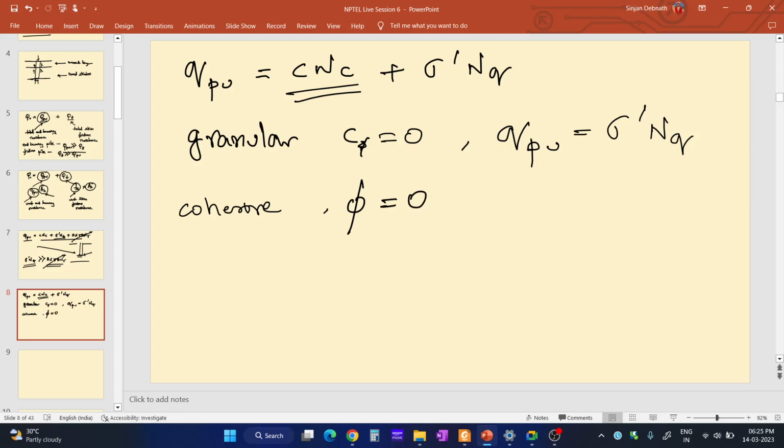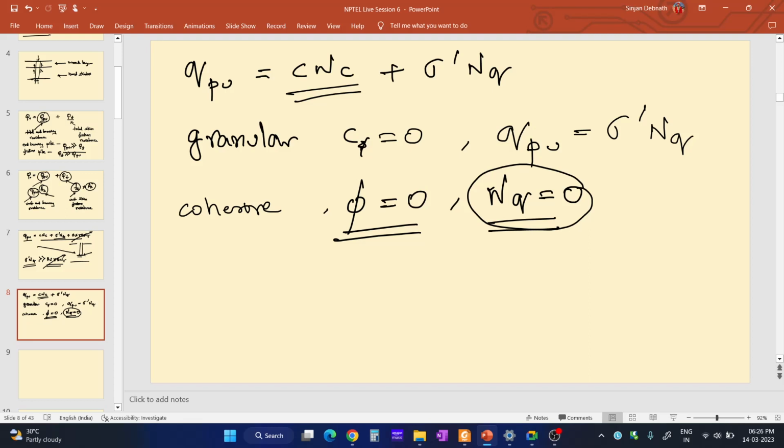If you remember in the shallow foundations lectures, if phi is equal to 0, Nq is also equal to 0, because this depends upon phi.